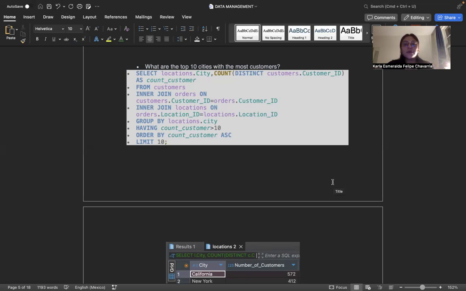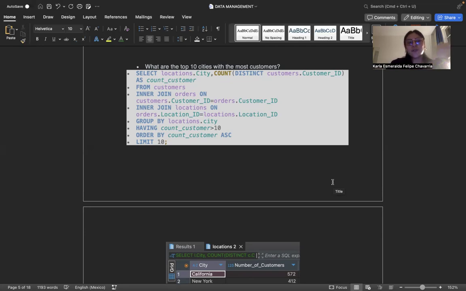we only want to know how many. As we are requested to do it by city, we are using the column city from the locations table and the column customer ID from customers. As I am using two different columns from two different tables, I need to do an inner join, but as locations and customers don't have any relationship between them, I have to use a table with information on both.